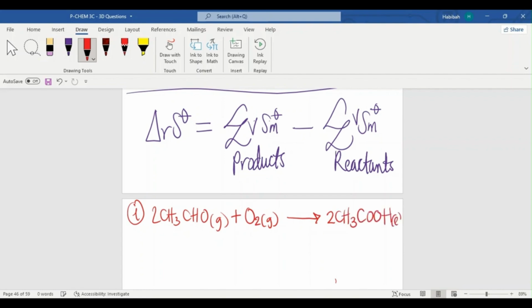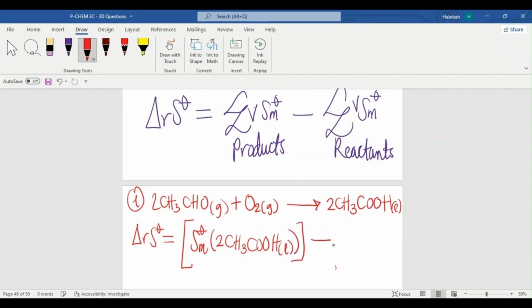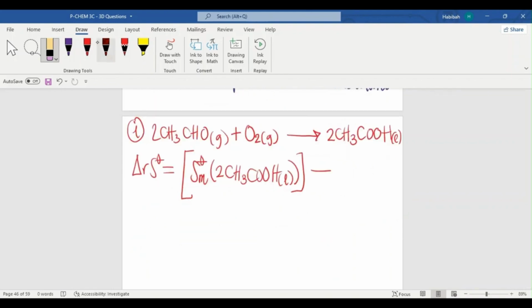would give you 2CH3COOH liquid. So that's the first reaction. So the way you're going to do this is that you're going to arrange this based on this formula. So the standard reaction entropy becomes the product. You have the molar entropy for the product in this question, which is 2CH3COOH liquid, minus the molar entropy for the reactants.